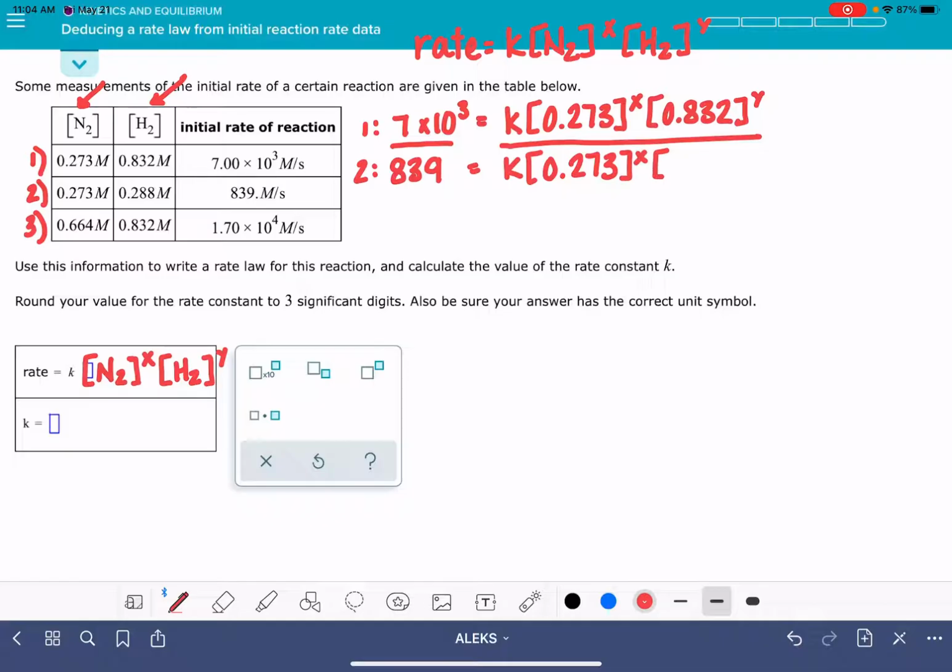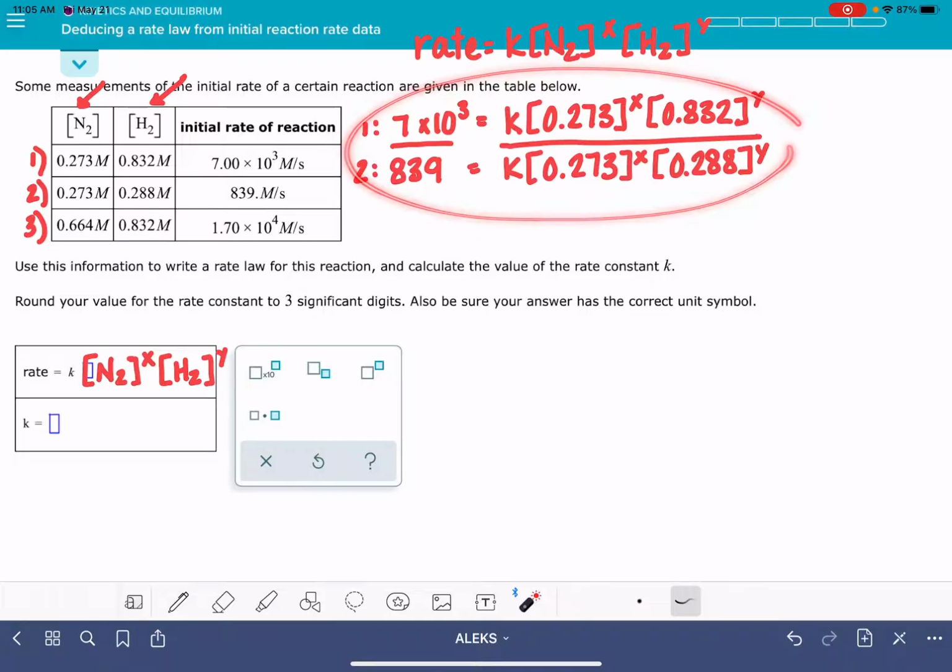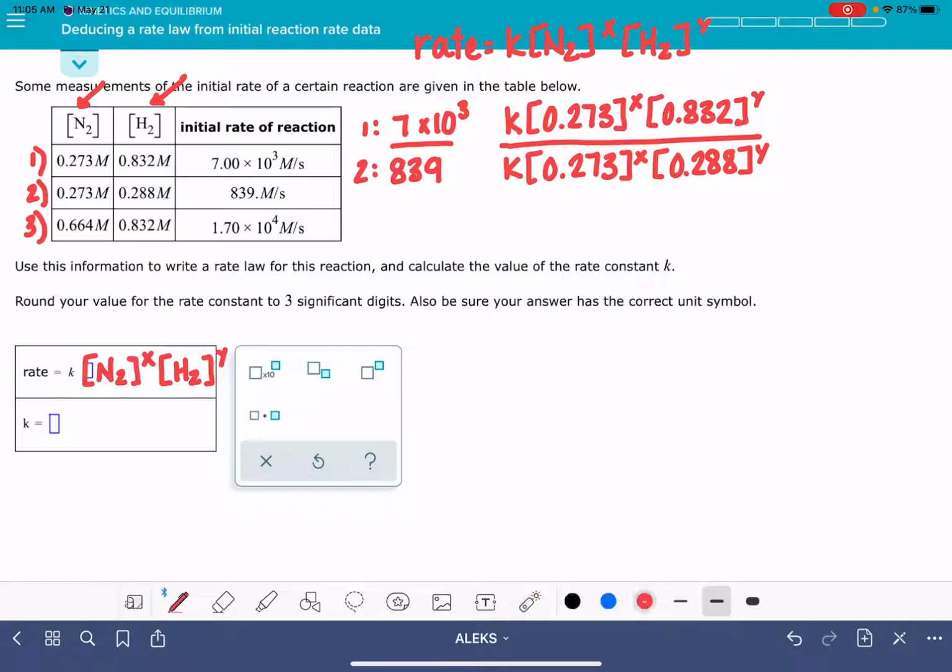And for H2 in data set number 2, the concentration is 0.288, raised to the y. So what we have here are two equations, written in a fraction form. To make this look a little more like a math problem, I'm going to use one equal sign in between the two.